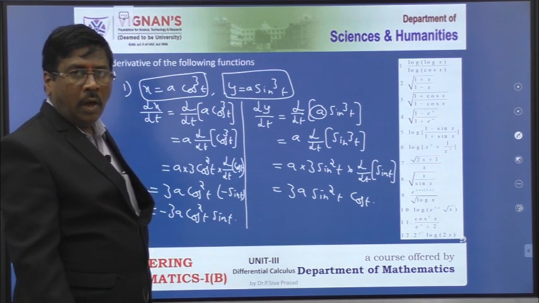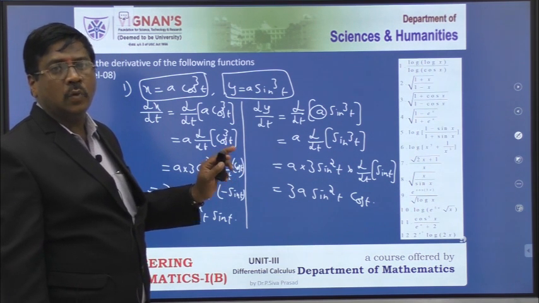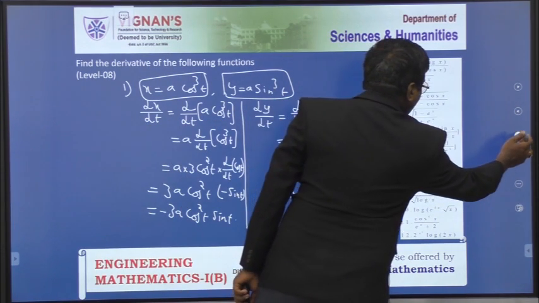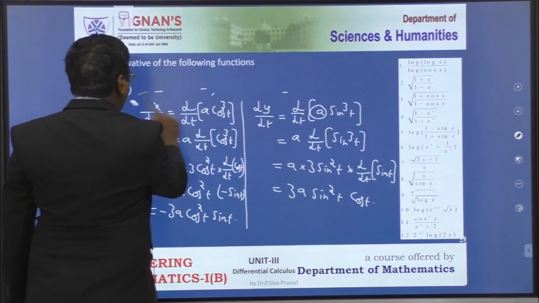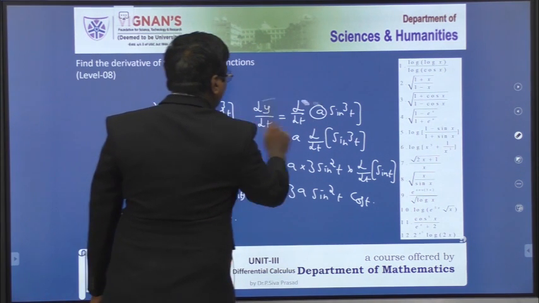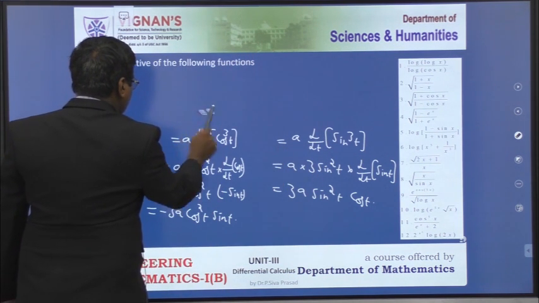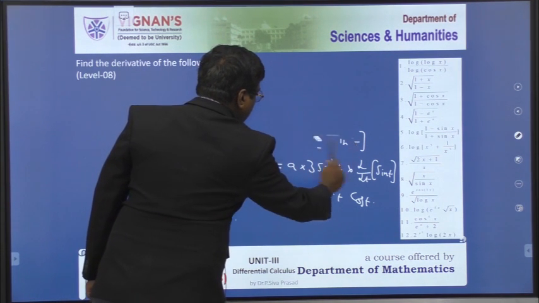Clarification point. Now what will we require? The differentiation of y with respect to x. Please all of you keep in your mind. So for that, we have to obtain the value for dy by dx. This is dx by dt and this is dy by dt.